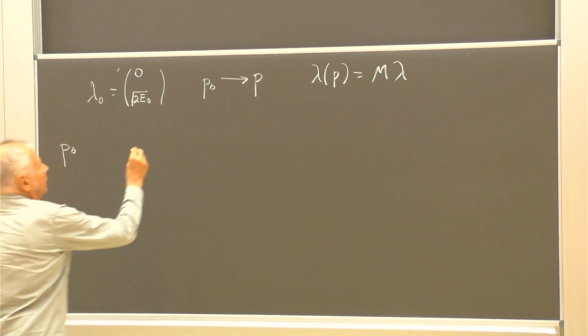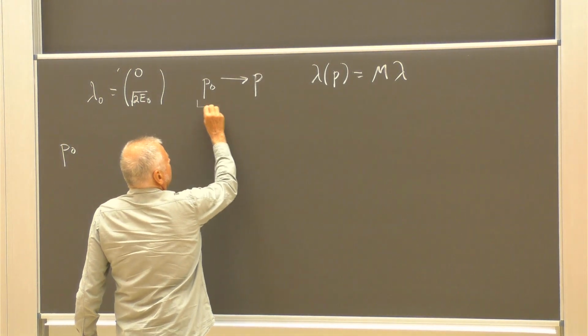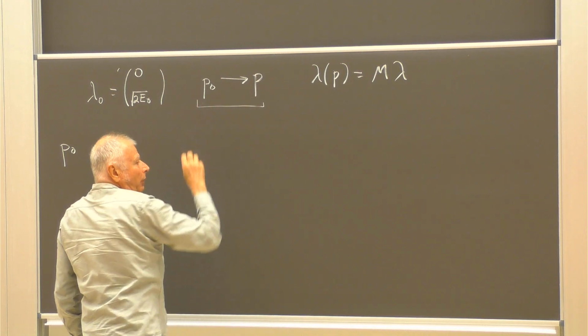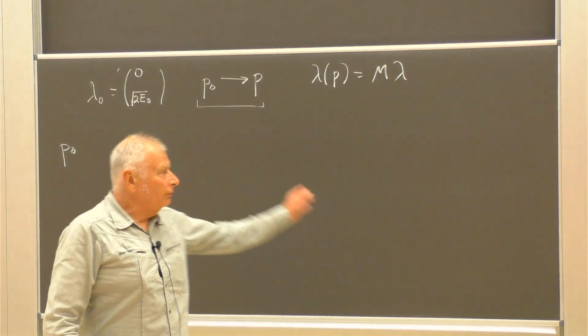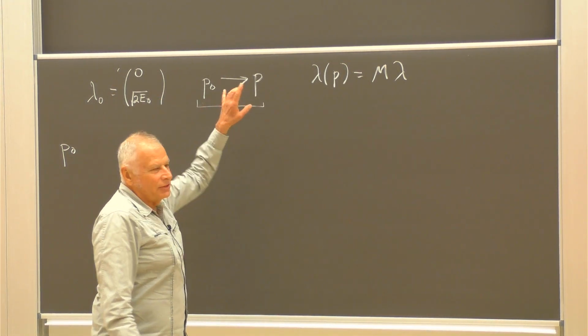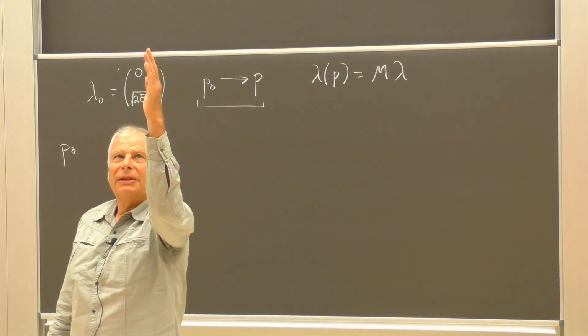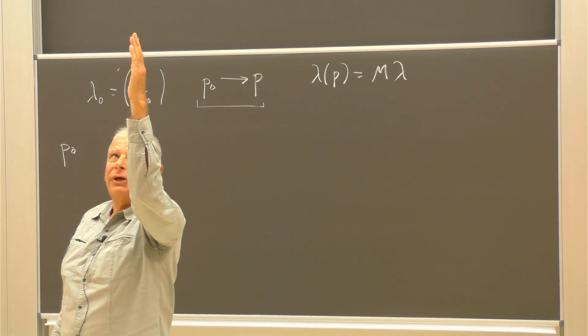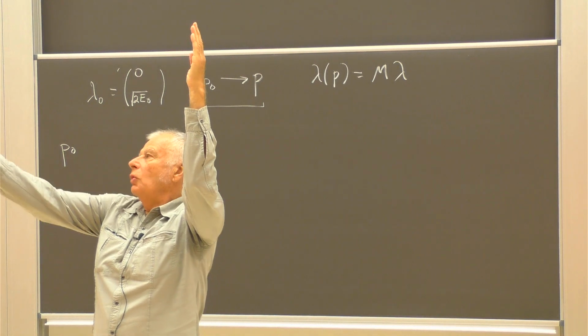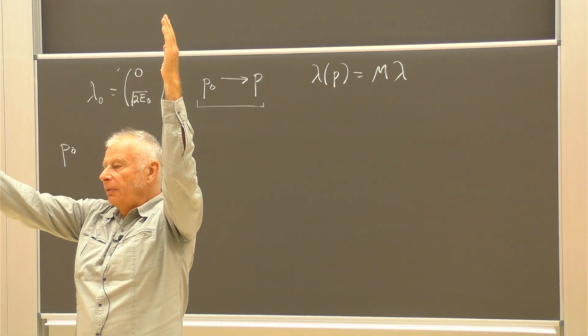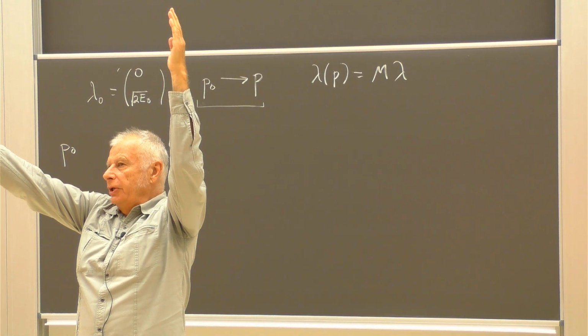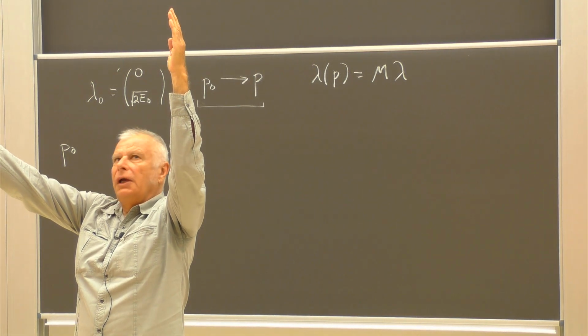Now, the Lorentz transformation doesn't change p squared. You have one momentum pointing in the z direction, and you want to perform a Lorentz transformation to get momentum pointing in another direction.